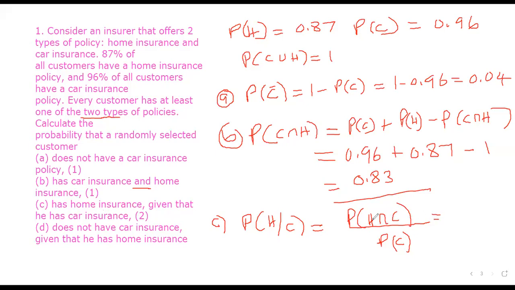So the probability of home insurance given that he has car insurance. C goes down there, then we intersect H intersection C. We say H intersection C is the same as C intersection H, much as 2 times 3 is the same as 3 times 2. So the intersection we just found as 0.83, and the probability of C is 0.96. We divide 0.83 by 0.96.